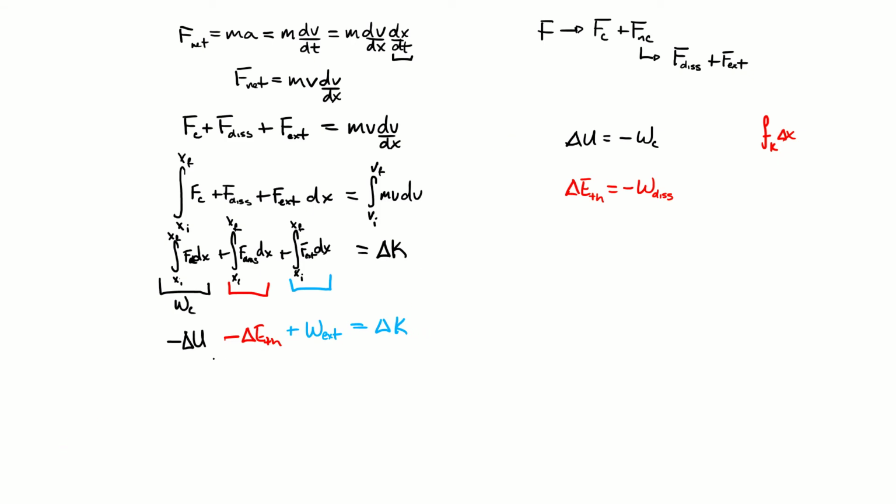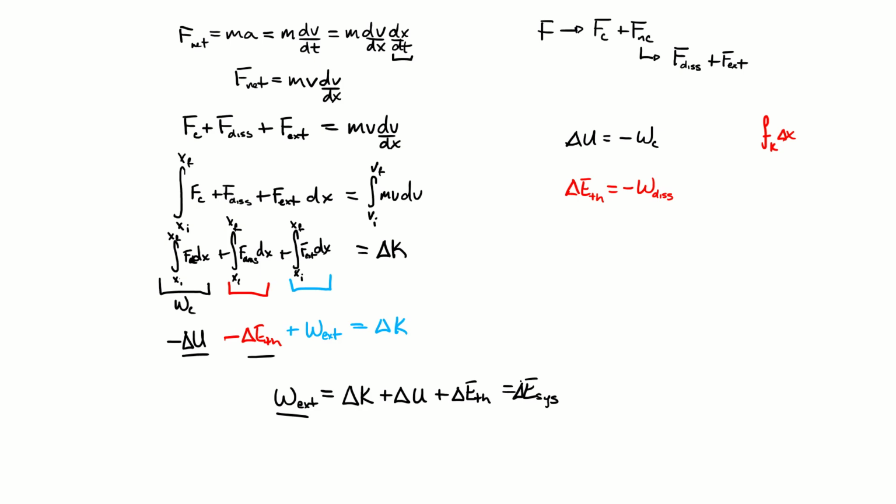What this allows me to do is bring all the changes in energy to one side, and I have the equation that is our full energy model. The work done by the external forces causes a change in the potential, kinetic and thermal energies of our system, right? So external forces cause a change in the total energy of our system.